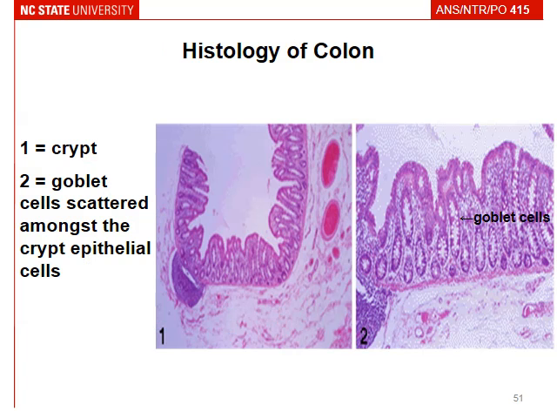They're just crypts. This is a histology of the colon. You can see just the crypts, and a significant amount of goblet cells. The goblet cells are the ones with all the white, a lot more than what we saw in the jejunum or the ileum.